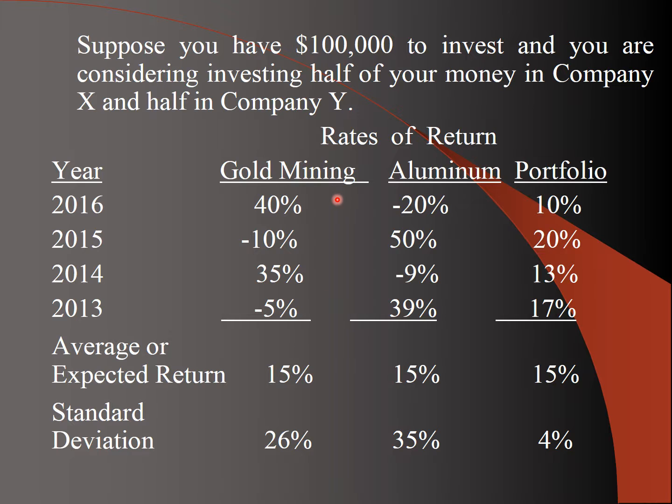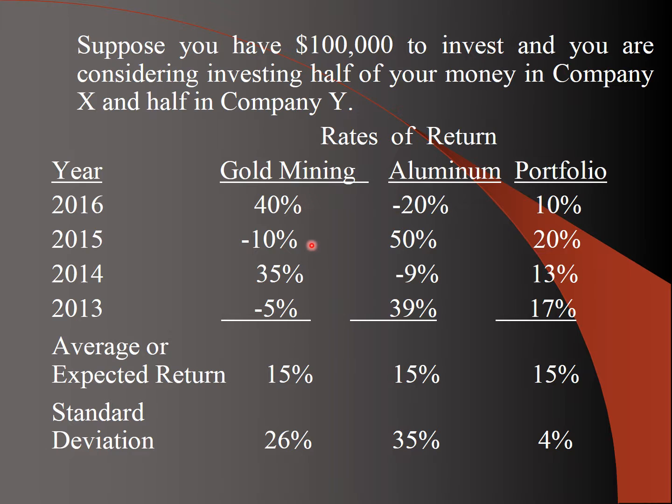And also, just to add in another point, forget these negative signs occur. Keep all the numbers here, but just pretend that the negative signs weren't there. The stocks still are negatively correlated in their returns, because if gold mine is yielding 40%, aluminum, let's say, is yielding 20%, notice gold mine still drops from 40% to an assumed positive 10%. Aluminum goes up.